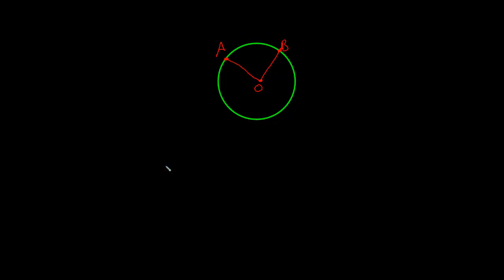Sometimes the question is interested in the perimeter of the sector, which is not given by theta over 360 times 2 pi r, because that just gives us this.